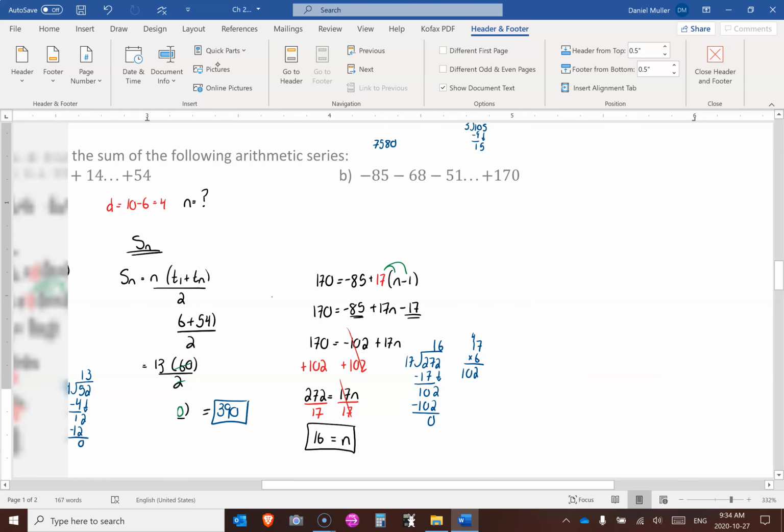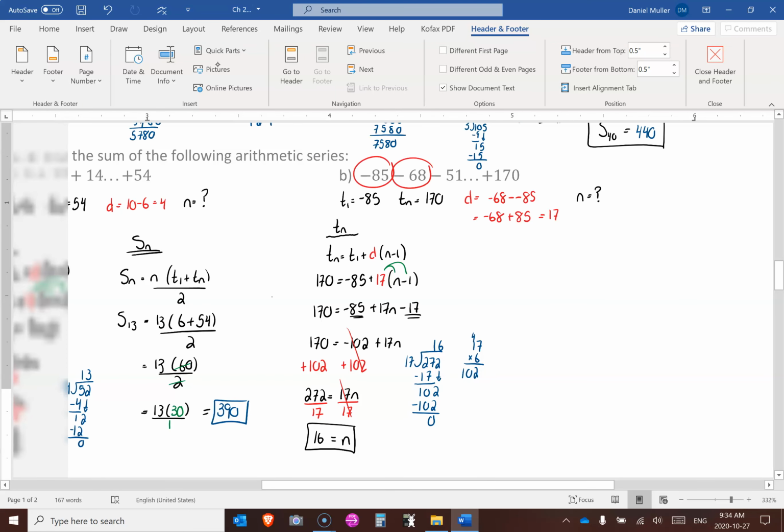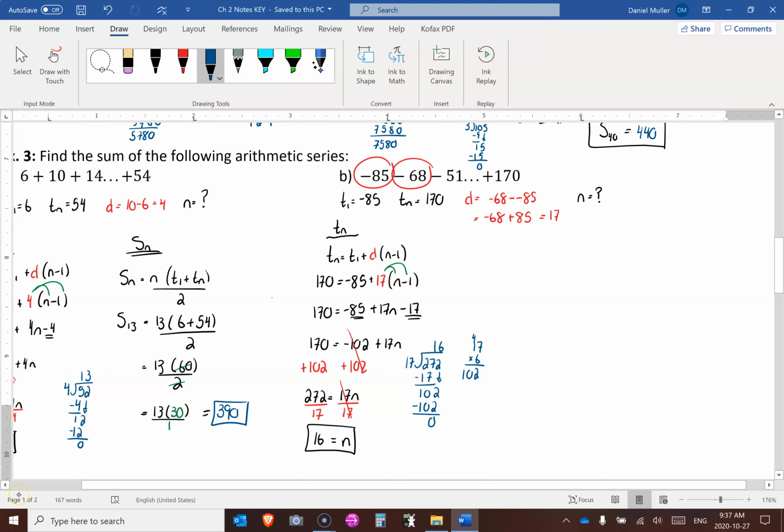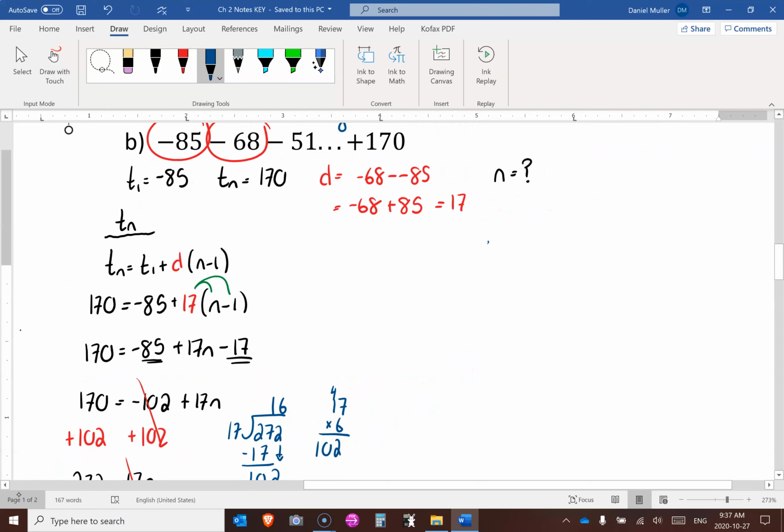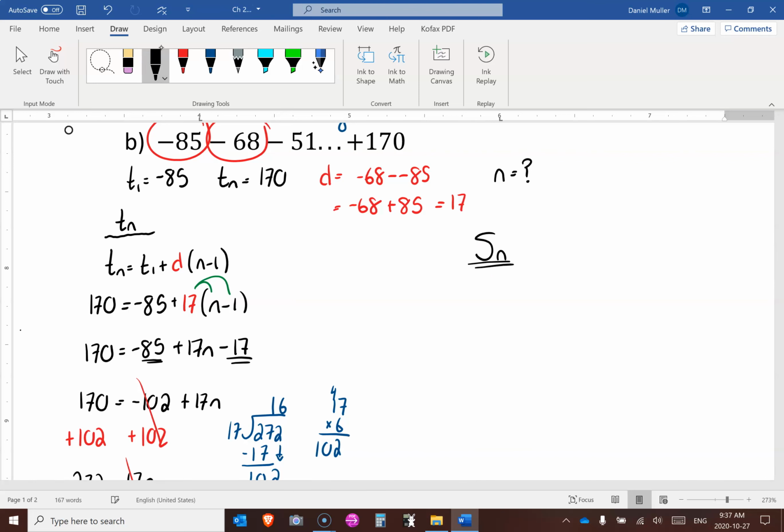Like, as if that's not enough, we haven't even actually done the question. We just found out how many terms there were. So we still have to find the sum. Okay, so let's now find this. Oops. So the sum Sn is equal to the number of terms, the first plus the last, cut in half.